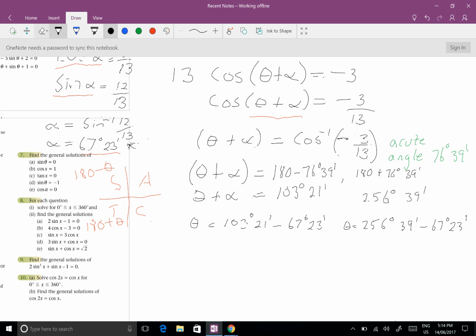Okay, so let's do that first one, minus 67 degrees, 23 minutes. And I get theta equals 35 degrees, 58 minutes. And I look at the answers and go, beauty, there's one angle.